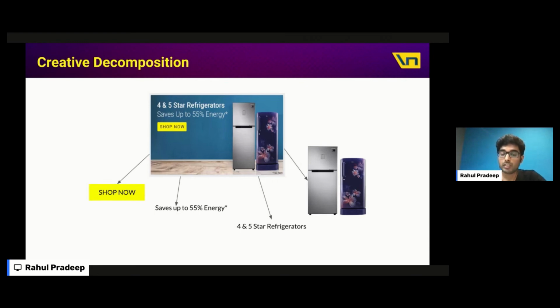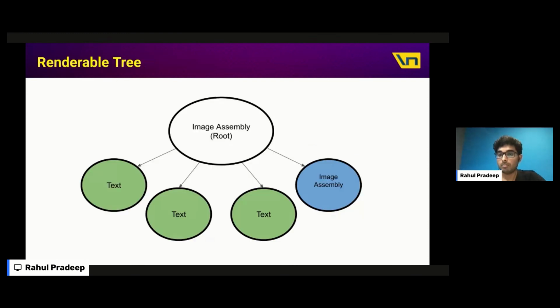So what we do is we internally represent this as a tree, where the root represents your complete creative, and the children represent your sub elements. In this case, the textual elements are computationally cheap, which are marked as green. The ones in blue, which is the assembly of images, combining one or more images together or doing some image processing, are computationally expensive.